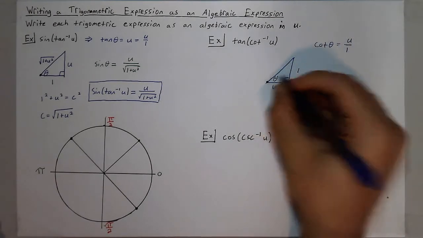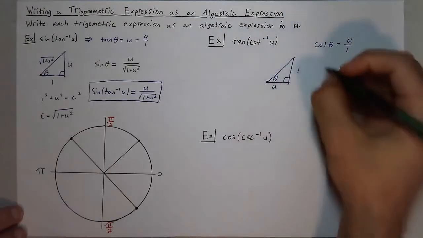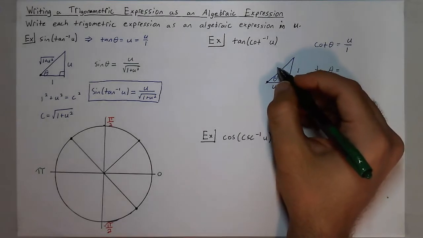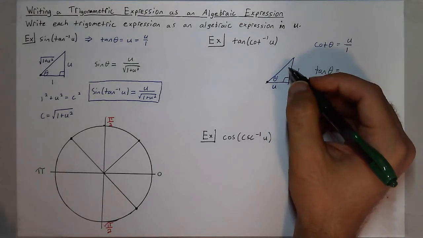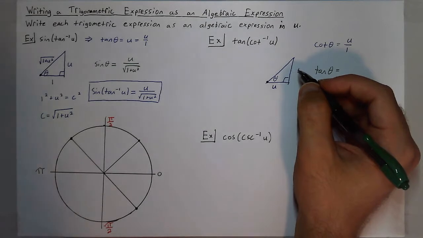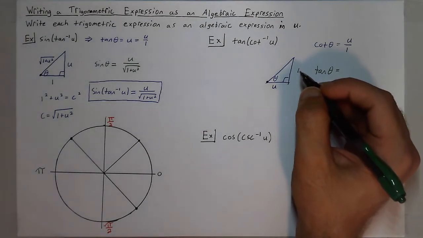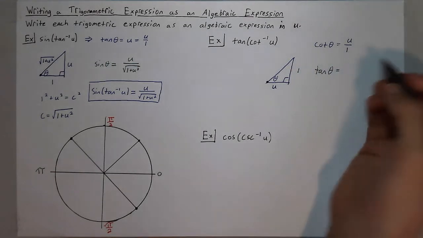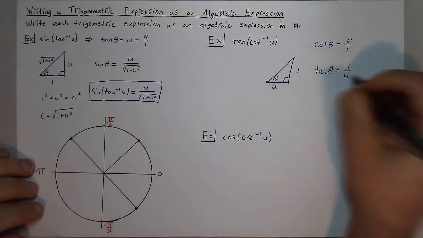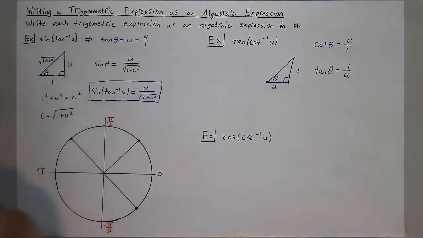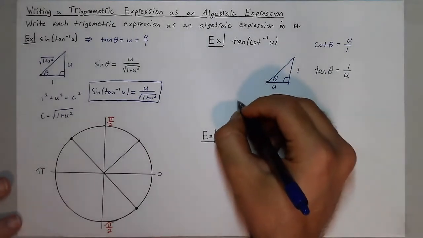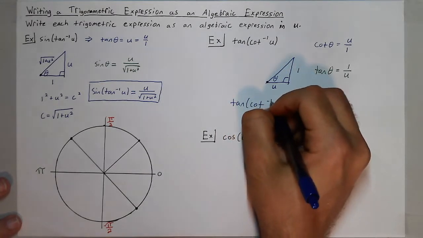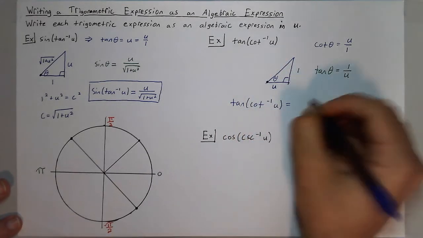And what's nice is I'm looking for tangent of theta, which would be opposite over adjacent, so I don't even have to find the hypotenuse for this problem. So I just have to put it as 1 over u. So my answer for tangent of cotangent inverse of u is going to be 1 over u.